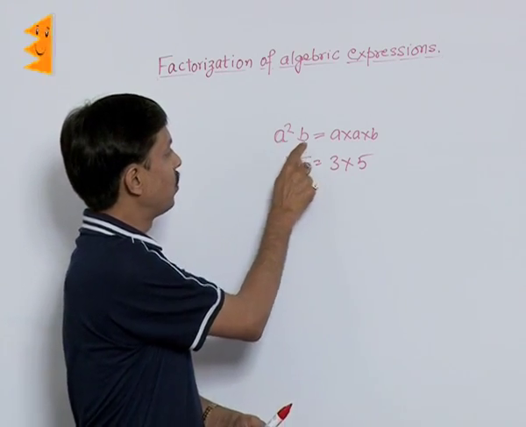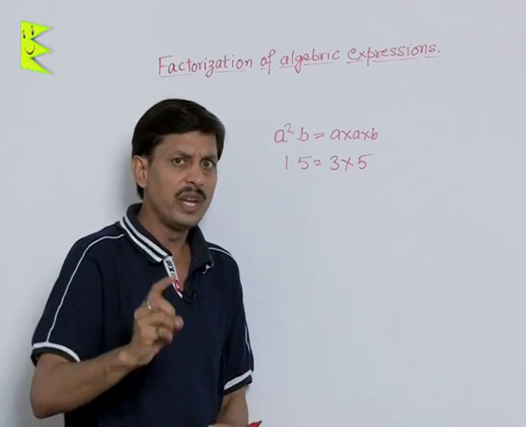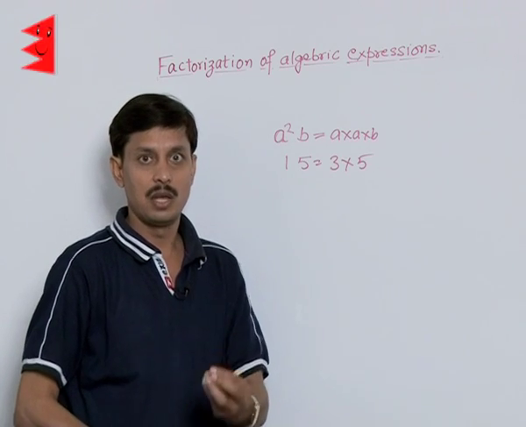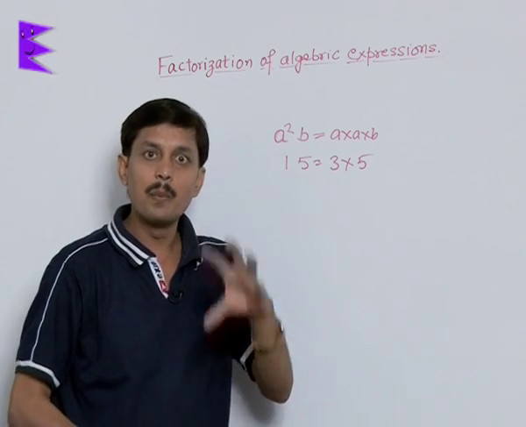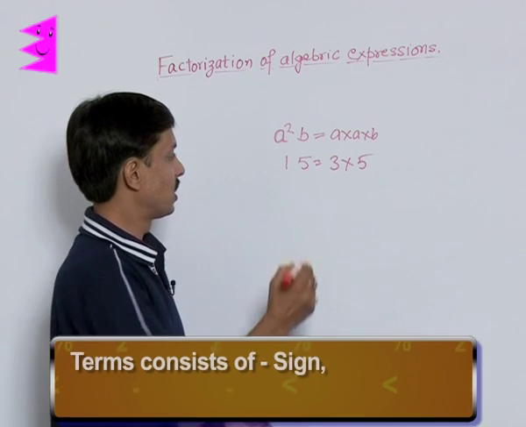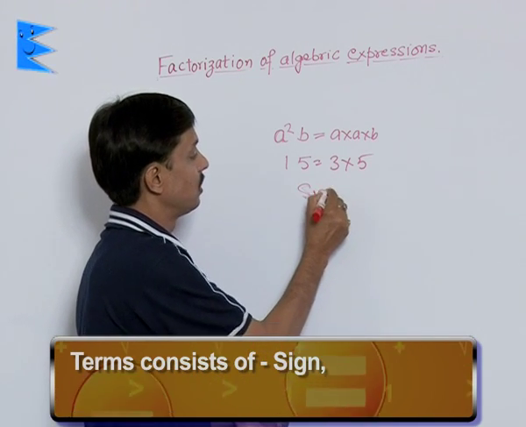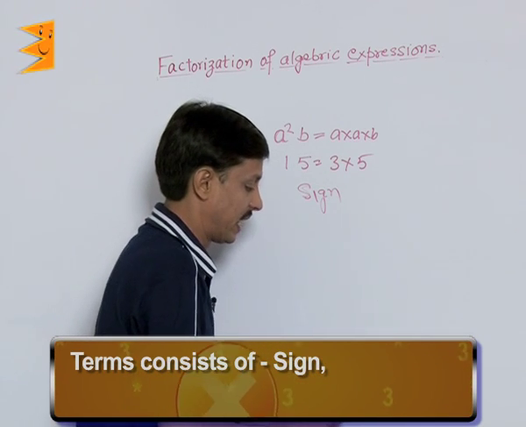As here in a square b, a is a variable, b is a variable. Every term is the basic elementary need of algebra, and every term always has four things. First is the sign. Whatever the term, it always has a sign.